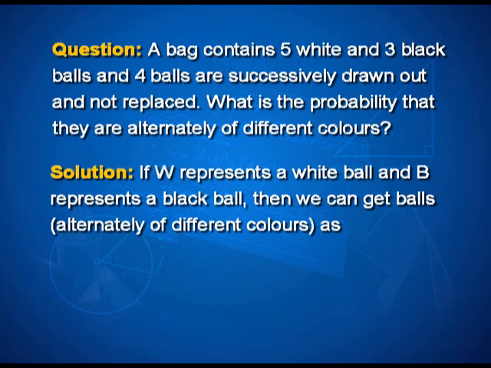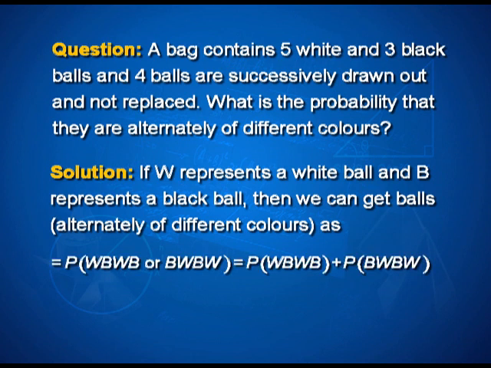So, if I take W to represent a white ball, black is represented by B, then we get balls alternately of different colors in the order WB, WB, or I can start with the black. So, black, white, black, white. So, to find probability of balls of different color is same as finding probability of WB, WB or BW, BW.